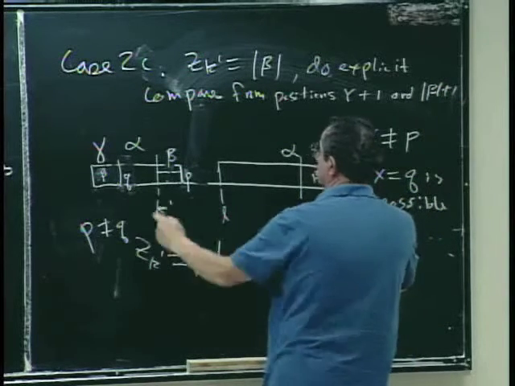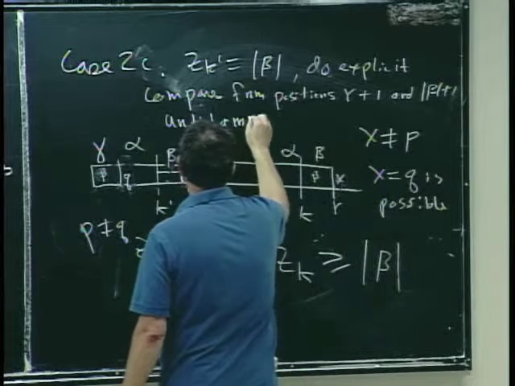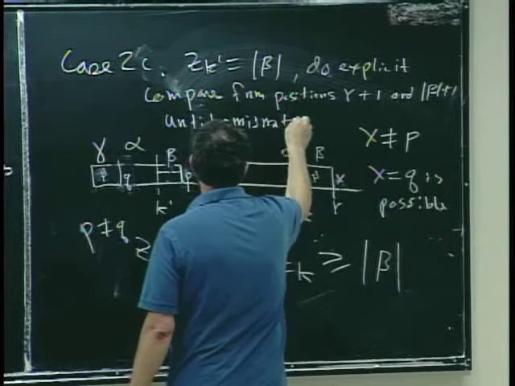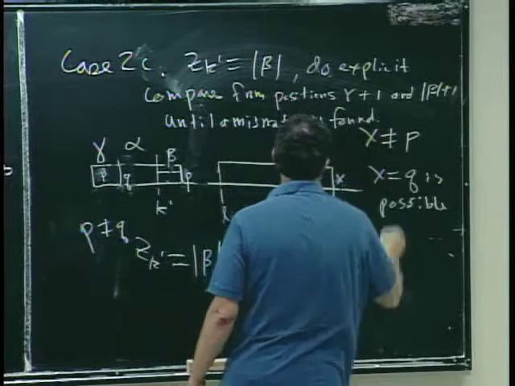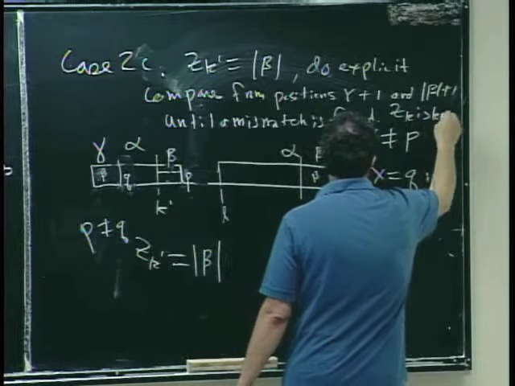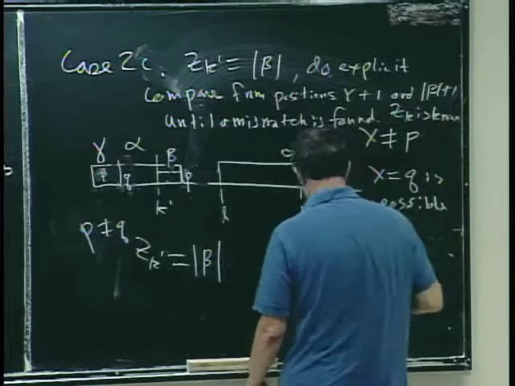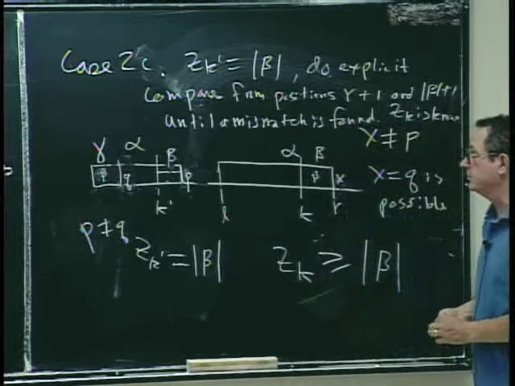Start there, until a mismatch is found. And then ZK is known at that point. Okay? So that's the algorithm.